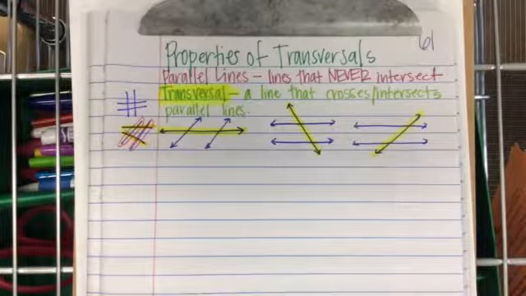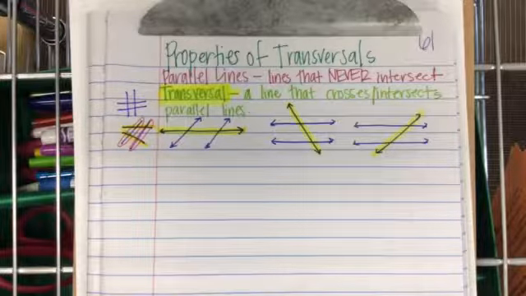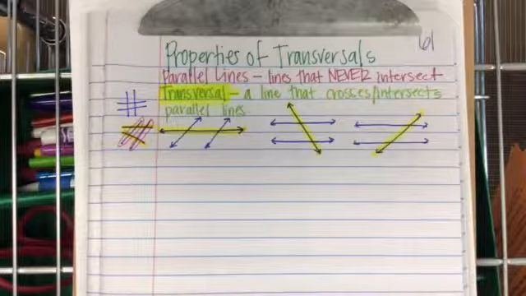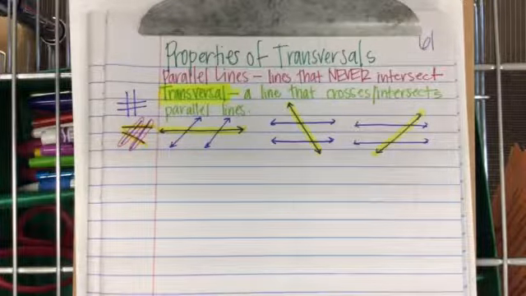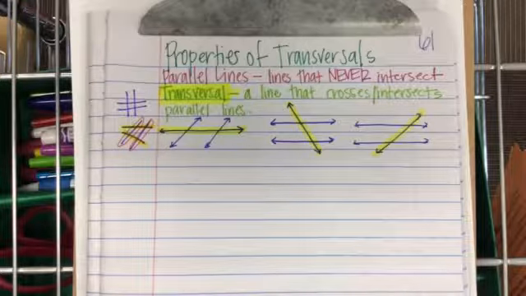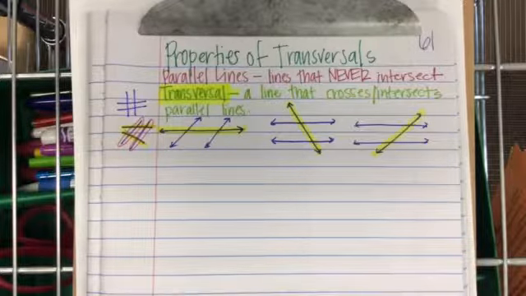So you have to be able to identify parallel, and you have to be able to identify what intersects the parallels. Maybe there's only one transversal. Today there will only be one. But maybe in the future there will be two transversals. All right. Let's continue on.